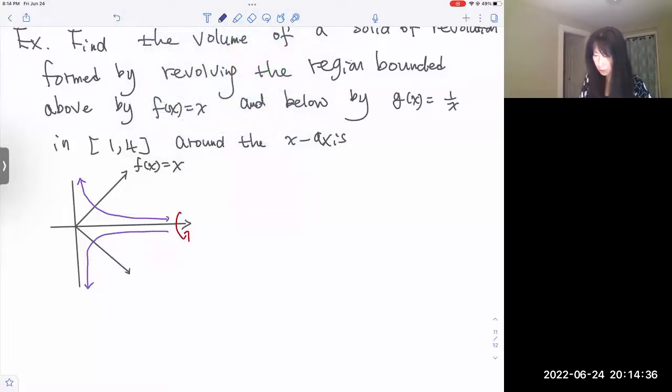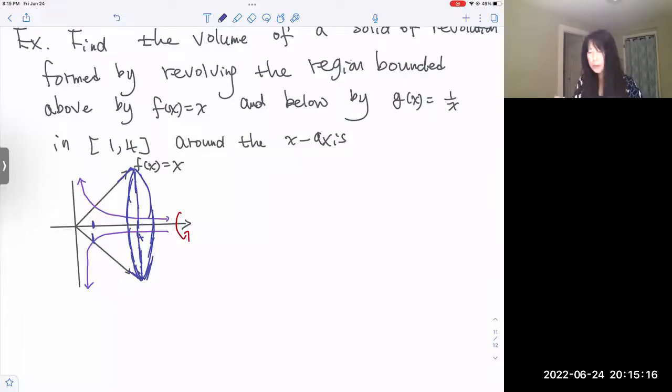The interval is one to four. So supposed to be one, and four, probably here. So like this.